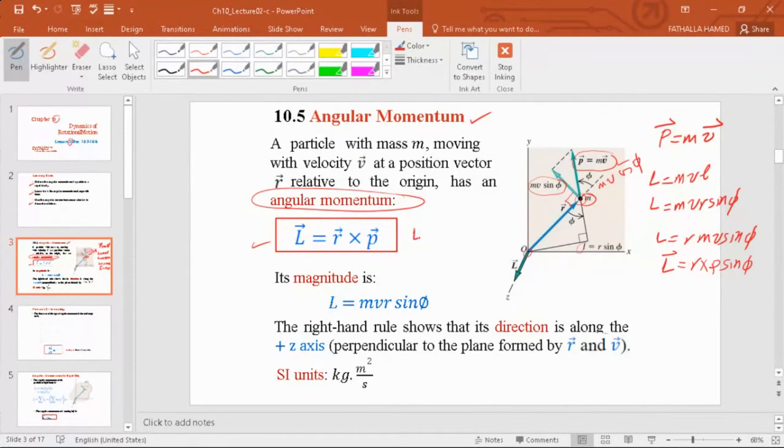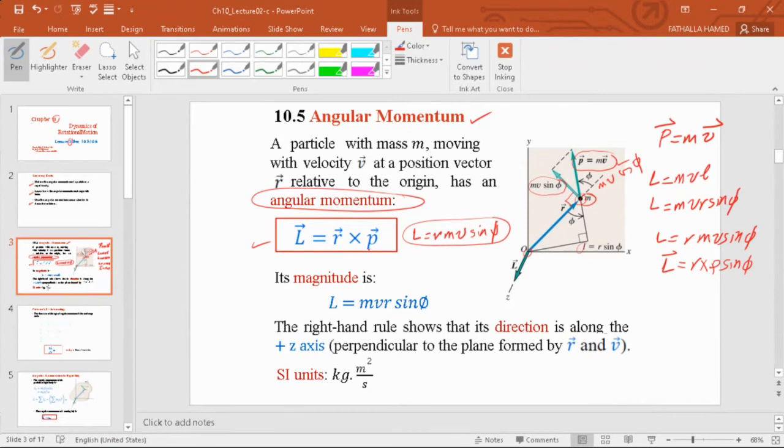Of course, your L here, which will be the magnitude, will be r, and your linear momentum will be mv, and of course the angle between both of them will be phi. And that will be the magnitude of your angular momentum. Of course, you know the direction will be perpendicular to the plane made by the position vector and the linear momentum. That's a cross product here.